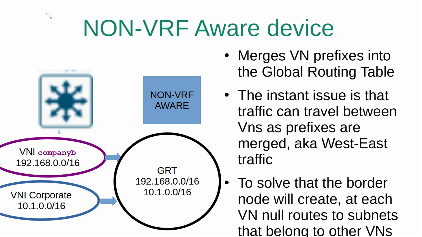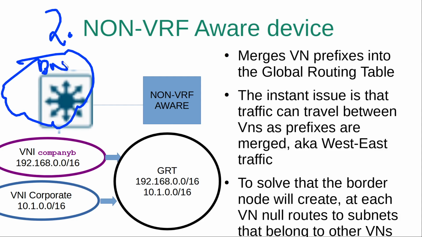Now, what was the second scenario that I can face? I can connect my border node to a device that is non-VRF aware. So this router cannot create VRFs, probably because it is actually a firewall, or because it is an old router that cannot create VRFs, or it doesn't have enough licensing in order to create VRFs.